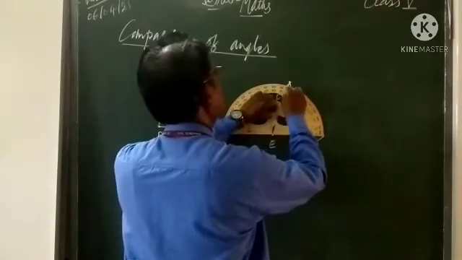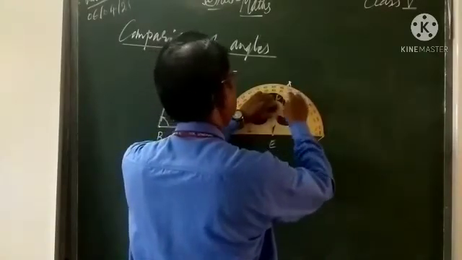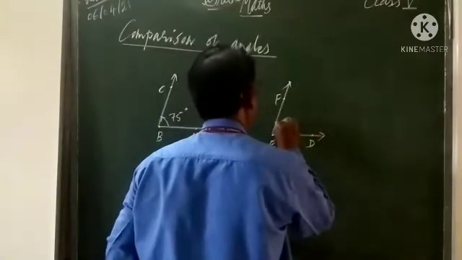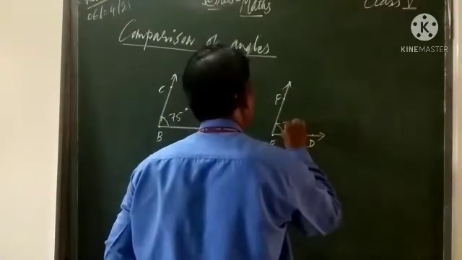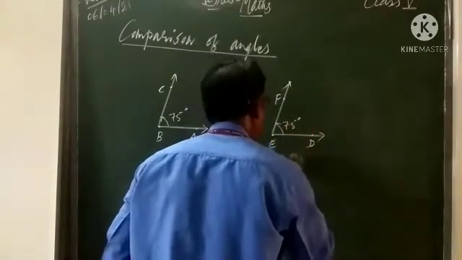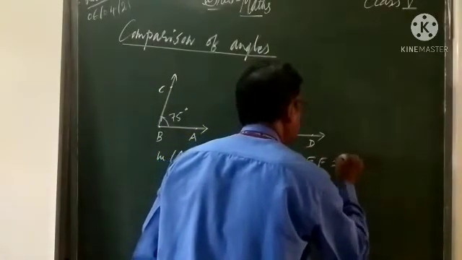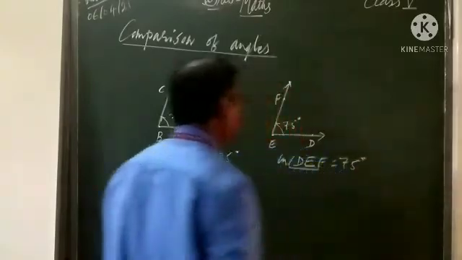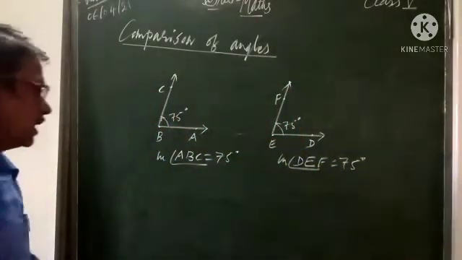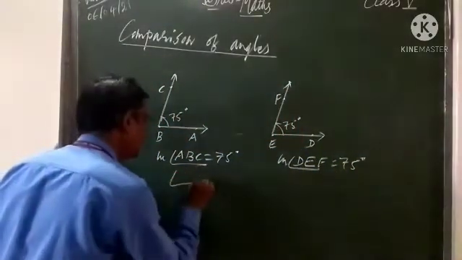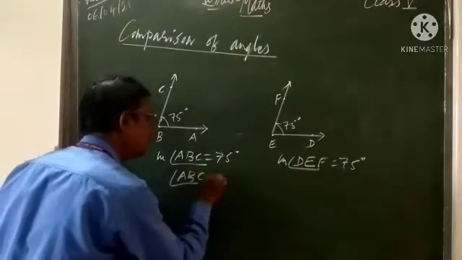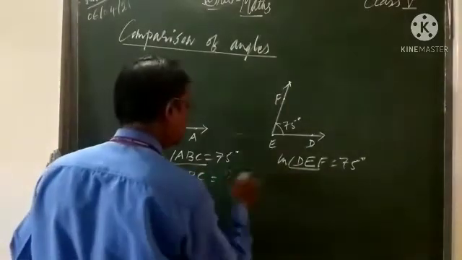Again this ray is present between 70 and 80. So this is also 75 degrees. The measure of angle DEF equals what? 75 degrees. Now we have to compare these two angles. What are we getting here, angle ABC value and angle DEF value?